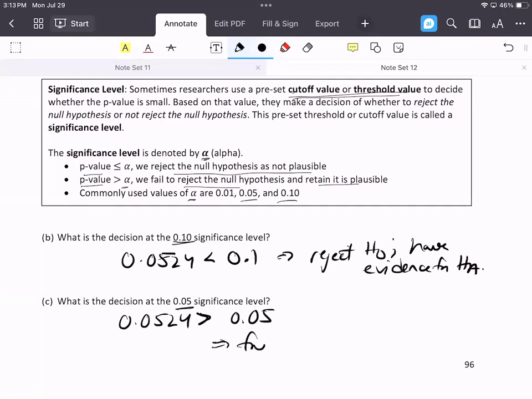No, we fail to reject the null and retain it as plausible, because our p-value is bigger than the significance level that had been selected before we did this study or before we did this testing. So the significance level was chosen before they took any sample. They said at the 5%, or 0.05. Unfortunately, our p-value is larger than that, so we do not reject the null and retain it as plausible.